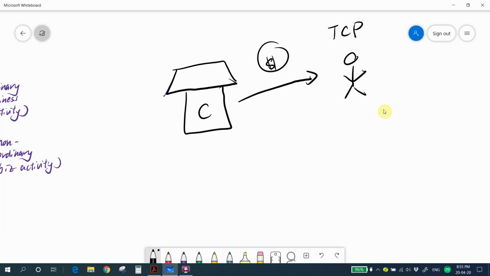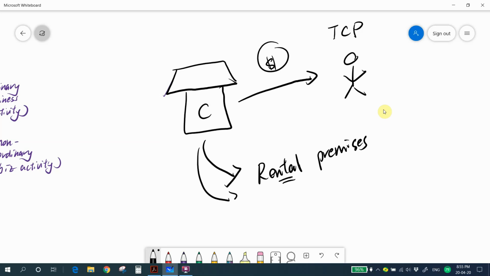Have to pay me, so I come to college to deliver the service, to teach you. Am I right? And at the same time, college will pay rental for the premises. College will also pay for the cleaner.